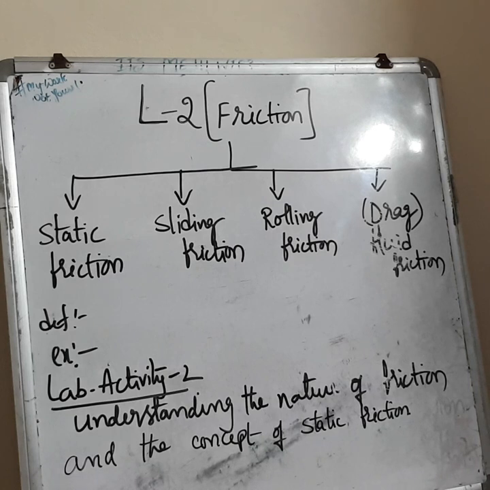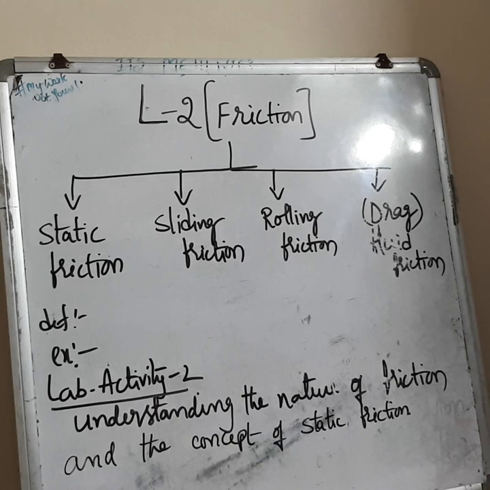But if you keep on applying force on the object, finally the object moves. Initially the object is at rest, so it has static friction. But by gradually increasing the force, there is a change, the object is moving. In that condition, moving means it has sliding friction.